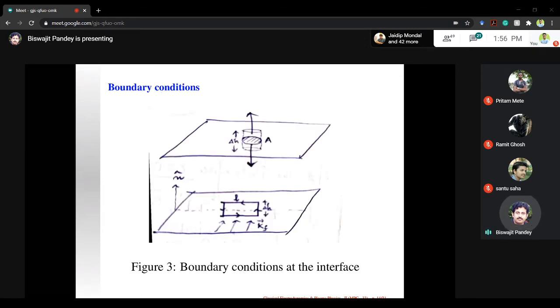let us now discuss the propagation of electromagnetic waves across different media. We have seen that if it is a linear medium, the only difference is that the speed of the electromagnetic wave is different. But suppose you have two different media. One has permittivity epsilon 1 and magnetic permeability mu 1, and another one has permittivity epsilon 2 and magnetic permeability mu 2.